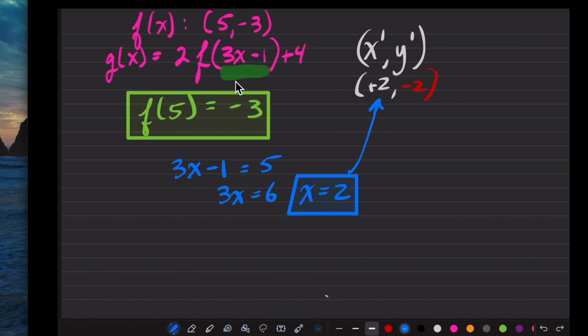Okay, then what we're going to do is we're going to do g of the new x value. So g of the new x value is plugging in 2 everywhere we see an x.